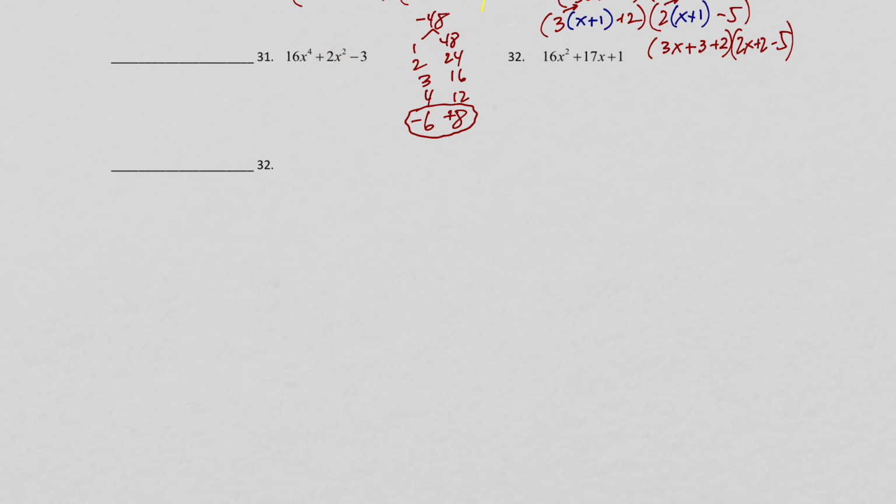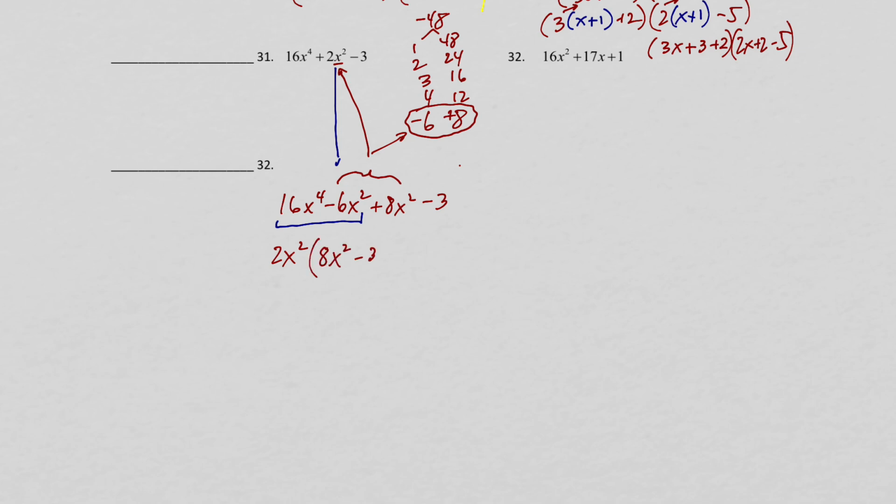So now I'll rewrite this. I'll give myself some room here. So we have 16x to the 4 minus 6x squared, just use that same variable, plus 8x squared minus 3. And these numbers add up to our positive 2, but we got them from that. Now, I'll group these two as a separate problem, and it looks like I can take out a 2x squared. That makes this an 8x squared minus 3.